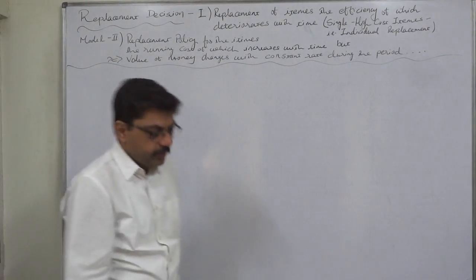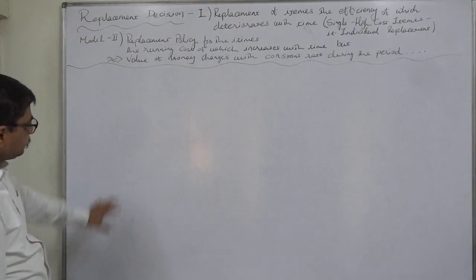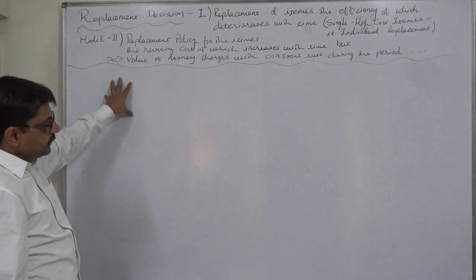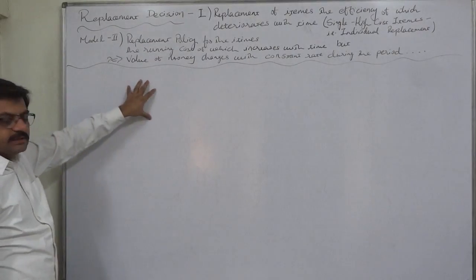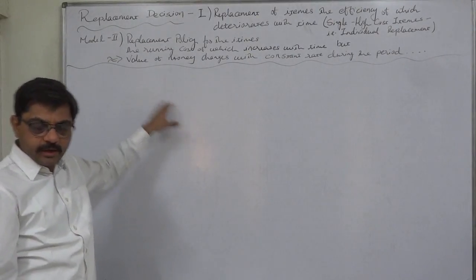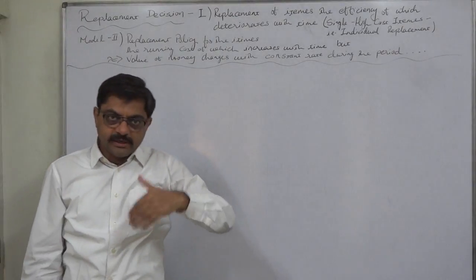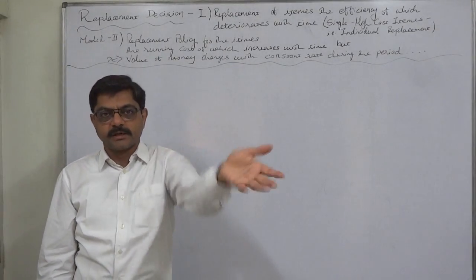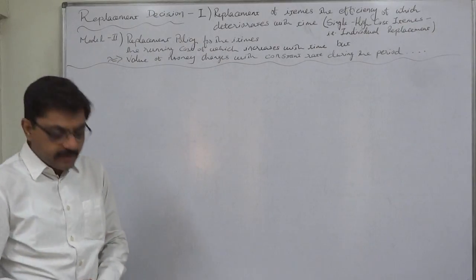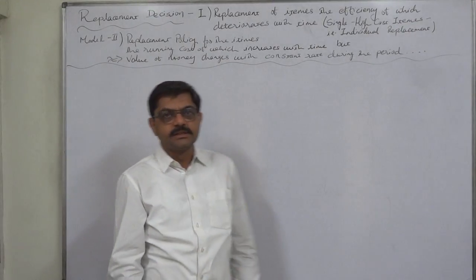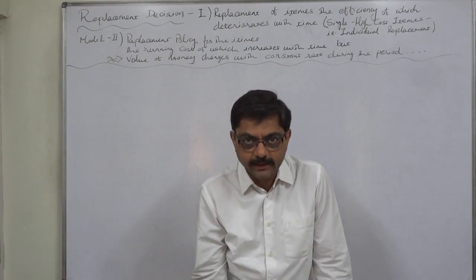Now first of all, what do you mean by time value of money? The biggest difference between the first model and the second model is, in the first model we considered the absolute value of money. Rupee 1 receivable or payable in future is considered as rupee 1 at present. But in real life, the case is not of that kind.